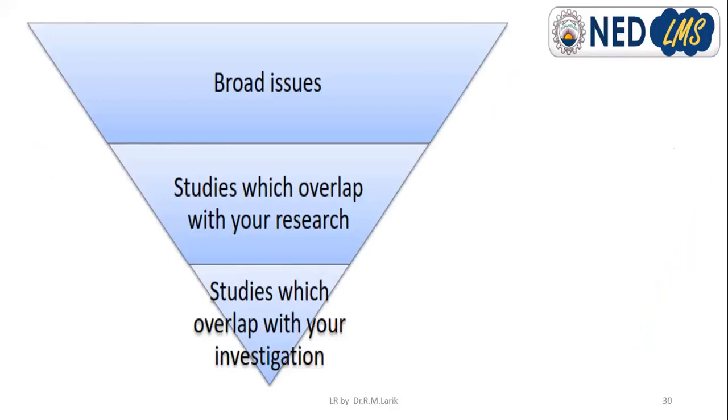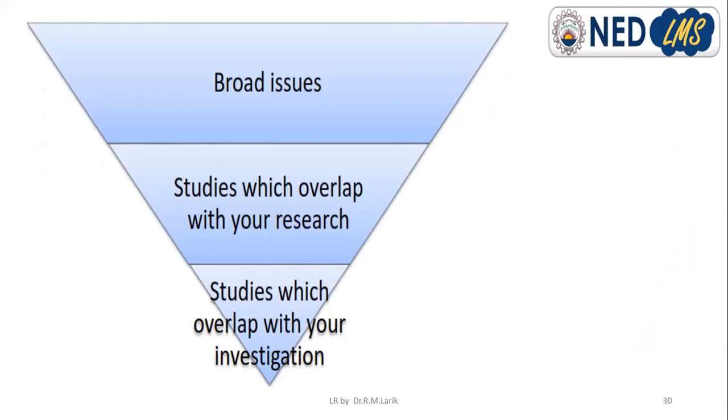You narrow down. You can start from broader issues, then you can look at the studies which overlap with your research, the studies which overlap with your investigation, meaning what you are investigating, right? So be focused and be precise, because you start from the surface area, talking about general things, then you come to a specific issue, right?